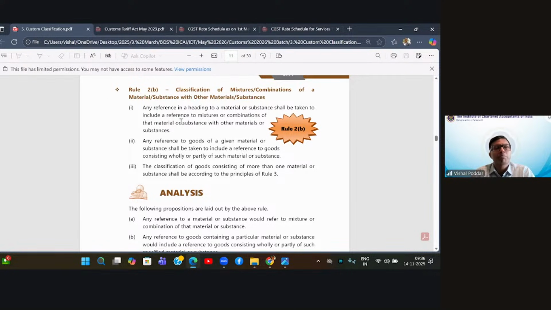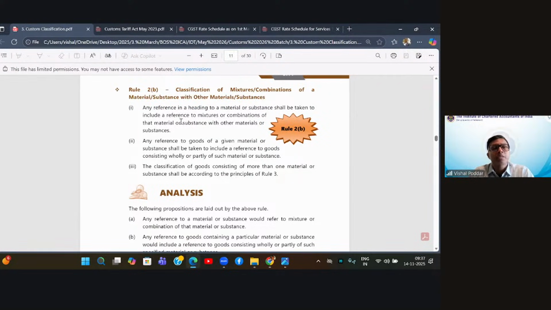So cocoa is the material using which chocolates are made. Or they will say products of paper industry. They will not give you the final product name. So many times it is the names of the materials or components which are used in the chapters. It means many chapters in this tariff do not cover the names of final products, but refer to the materials and components which are used in making that product.